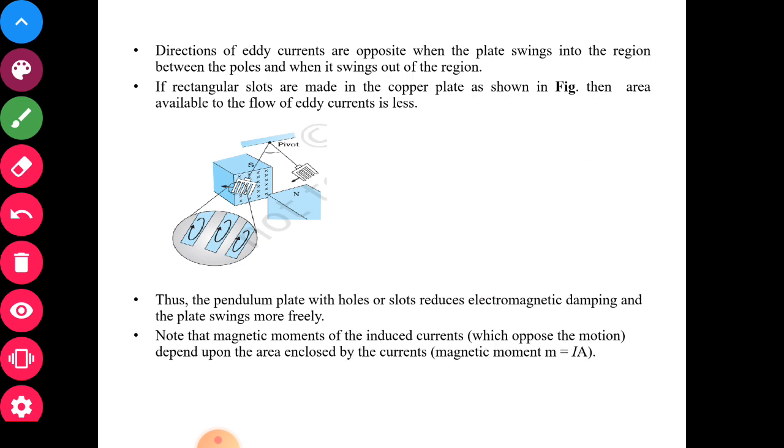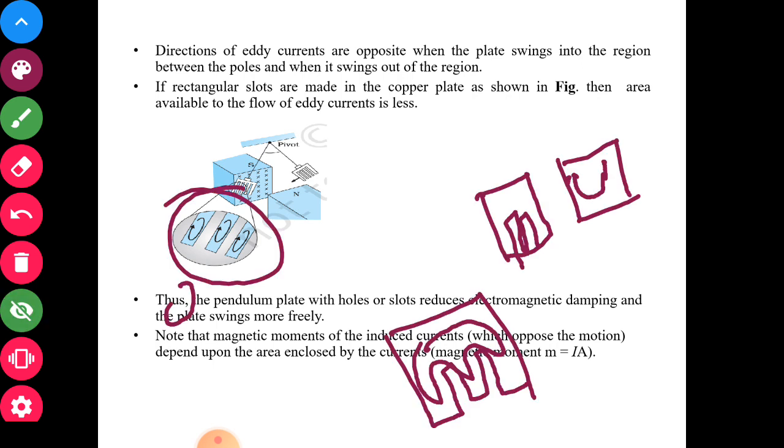Note that the magnetic moment of the induced current opposes the motion. Try to understand why the motion is opposed. Because that magnetic moment is produced within the plate and it opposes the motion of the pendulum. That depends upon the area enclosed by the current.